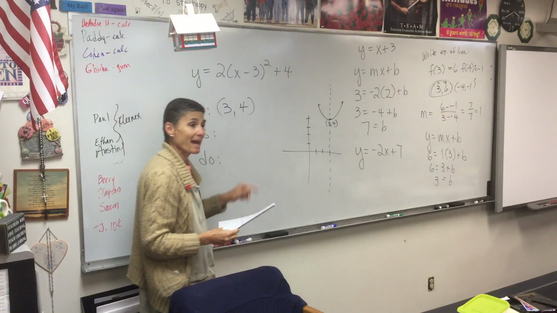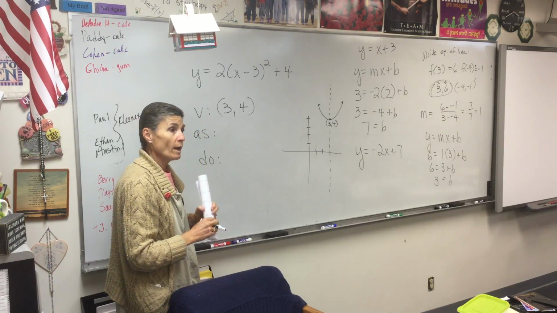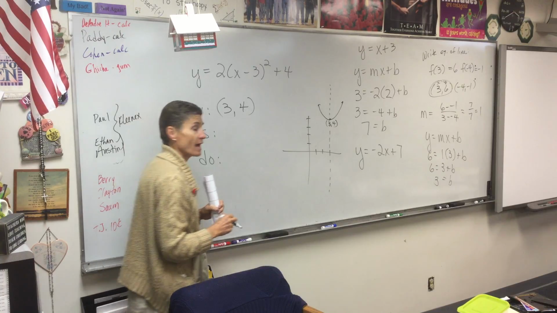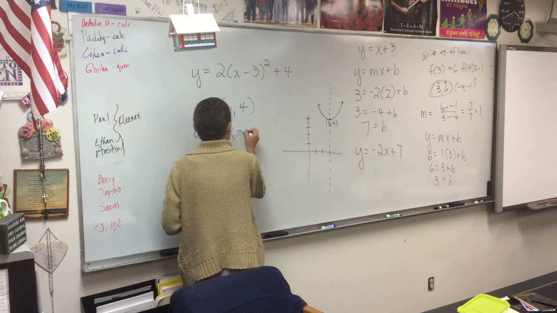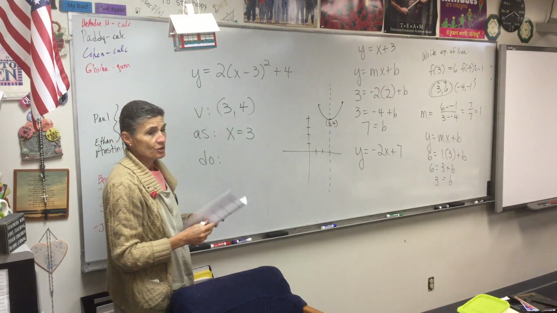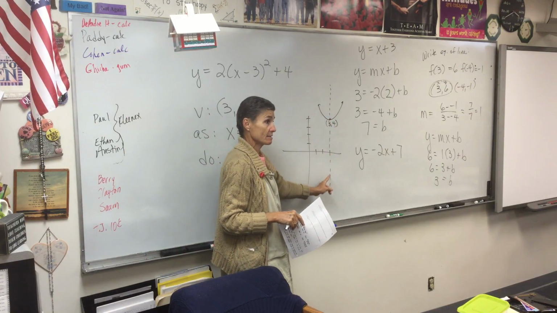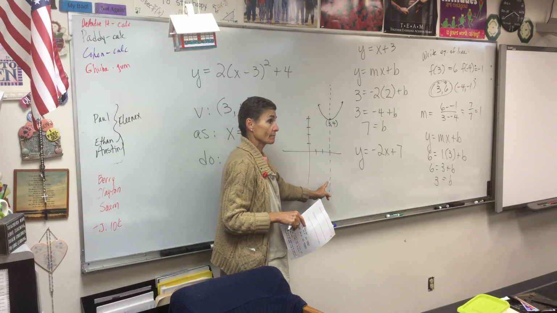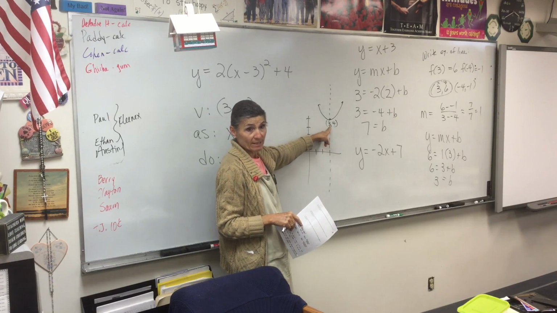That's called the axis of symmetry. What is the equation of that line? x equals 3. Very good. x equals 3. Does it make sense to you that the axis of symmetry will always go through the vertex? So whatever your x coordinate is going to be your axis of symmetry.